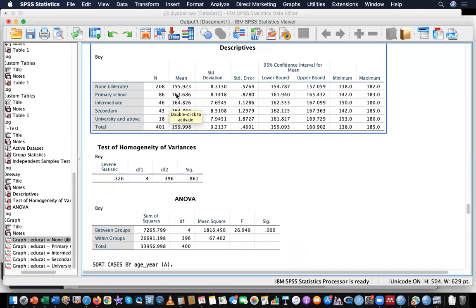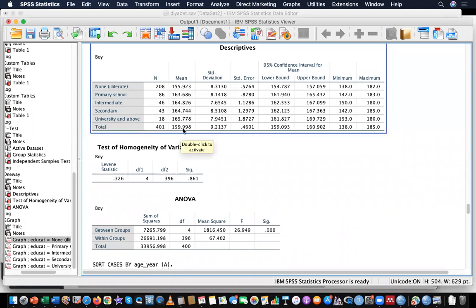So how many t-tests do I have to do? I have to compare this with this, with this, none with secondary, none with university, and so on. I have to do all the, we call this permutations, the combinations between the different categories, all the possible combinations you have to try.